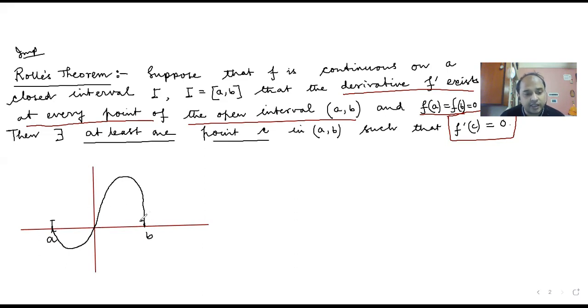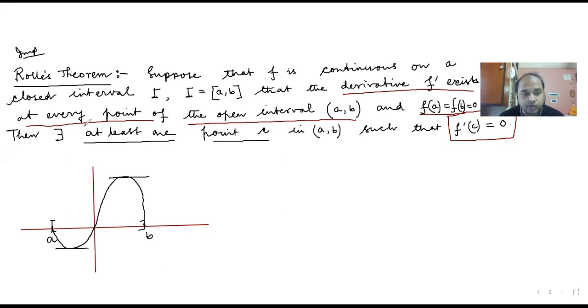The graph is continuous, and the derivative exists everywhere, including the points A and B. Then what will happen? At this point the function has a relative minimum, and here the function has a relative maximum.